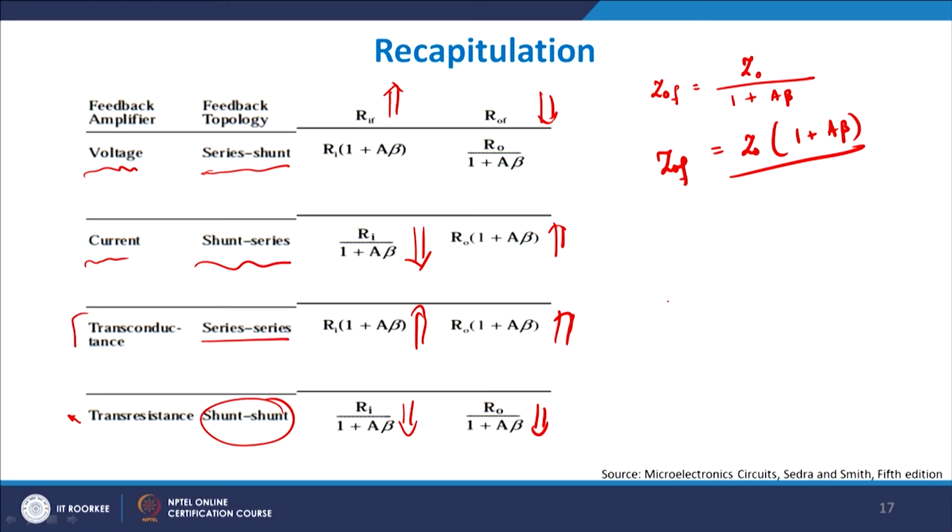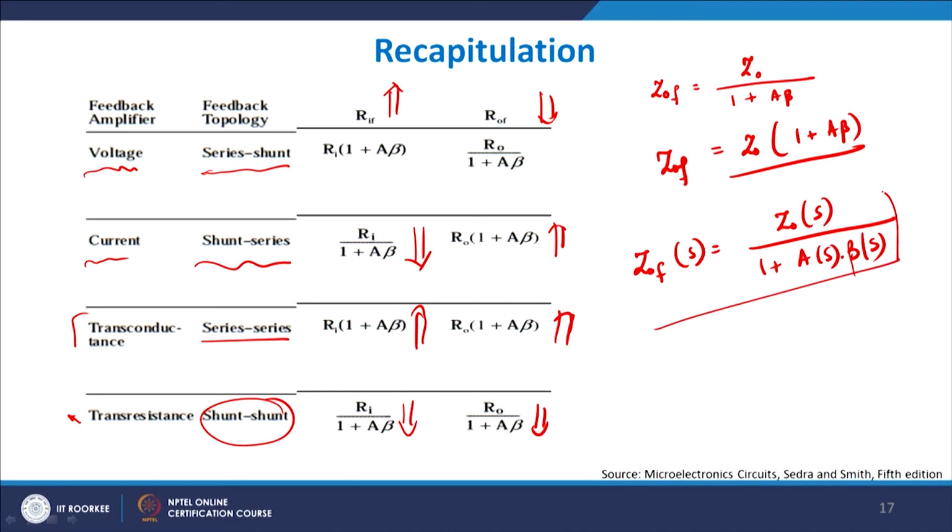We can also show that if you want to make it a function of frequency, then Z of f equals ZO of S upon 1 plus A of S into beta of S, right. And that is quite critical, because till now we have believed that the amplifier is frequency independent, and basically we are talking about the mid frequency gain in which A of S is independent of the frequency.